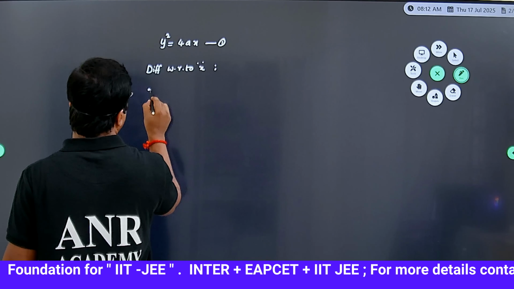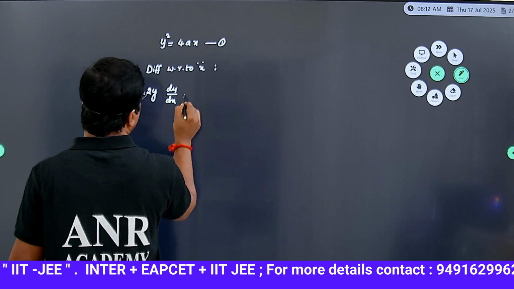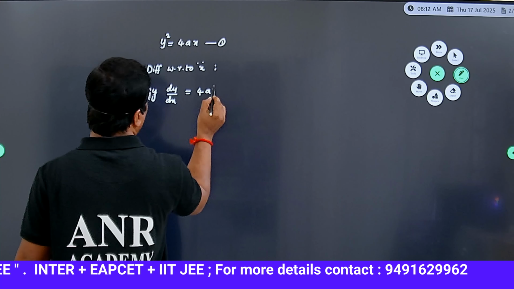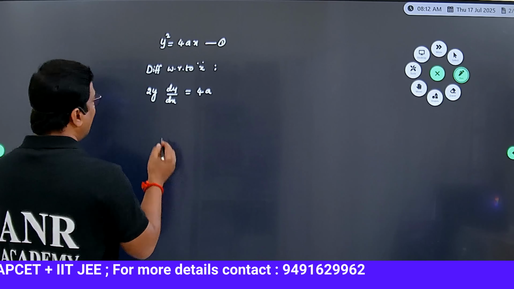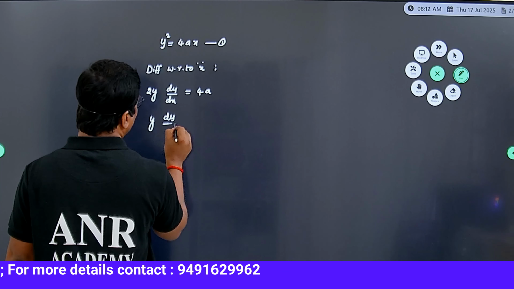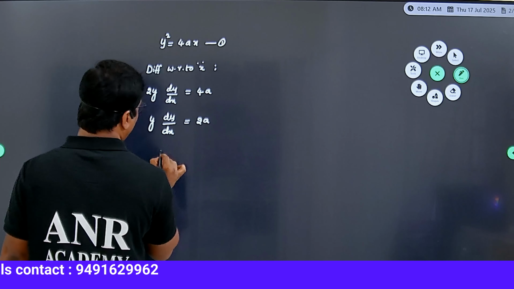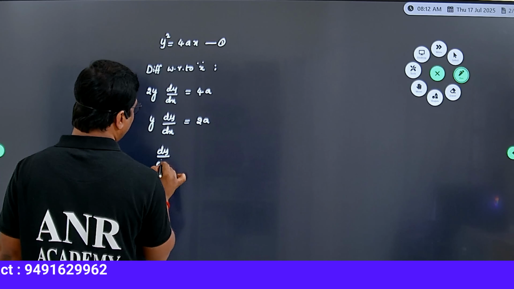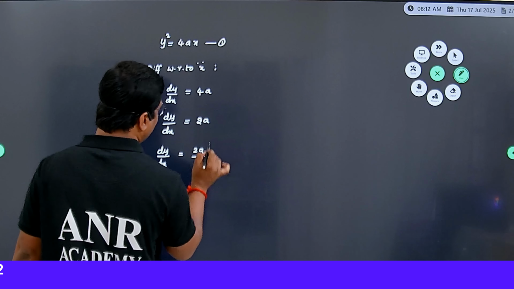We get 2y dy by dx equal to 4 times of a, because x derivative is 1. On simplification, I can write y into dy by dx equal to 2 times of a, and the value of dy by dx becomes 2a divided by y.